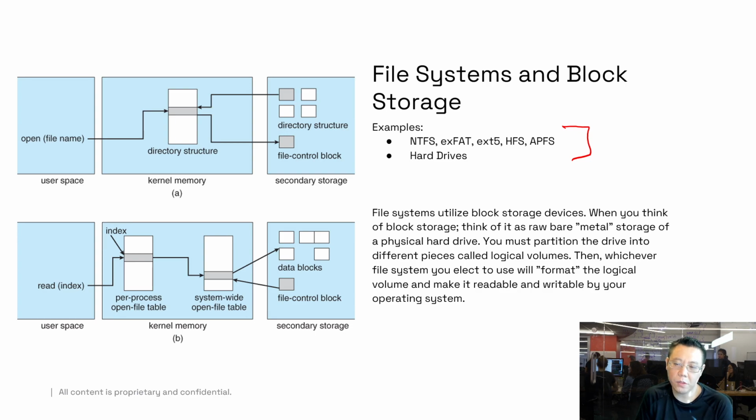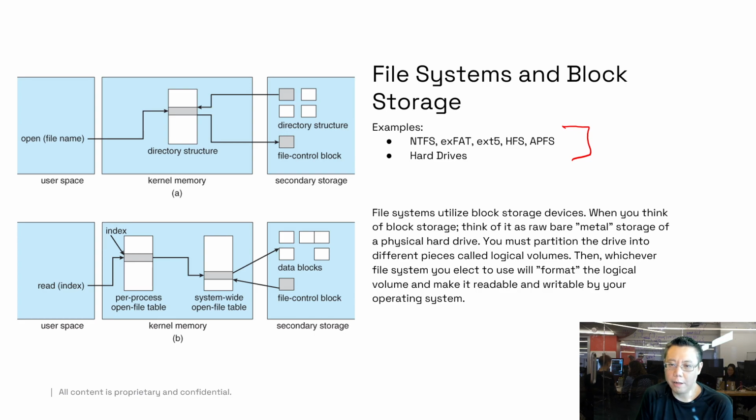APFS is Apple File System. HFS is the Hierarchical File System. Extended 5 is a file system known for Linux. exFAT is kind of a universal file system, but also primarily from the Windows days, with EX meaning Extended File Allocation Table. And NTFS is primarily for Windows use cases.